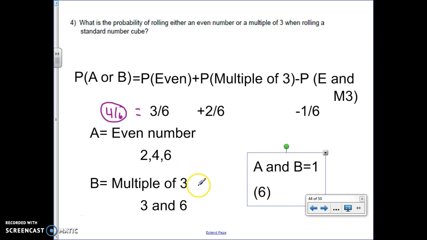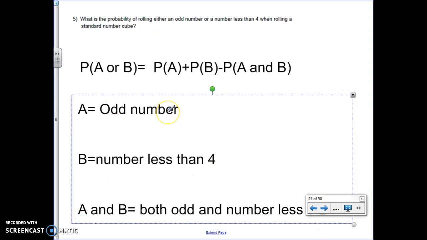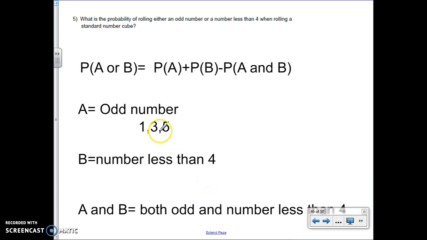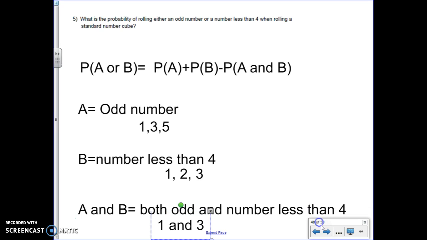I'm going to look at number 5, which is what you guys do. What is the probability of rolling either an odd number or a number less than 4 when rolling the dice? Event A would be odd, event B would be a number less than 4, and A and B is both odd and a number less than 4. Rolling the standard number cube, 1, 3, and 5 are my possibilities for odd. 1, 2, and 3 are my possibilities for event B. For both, it's 1 and 3, both odd and less than 4.